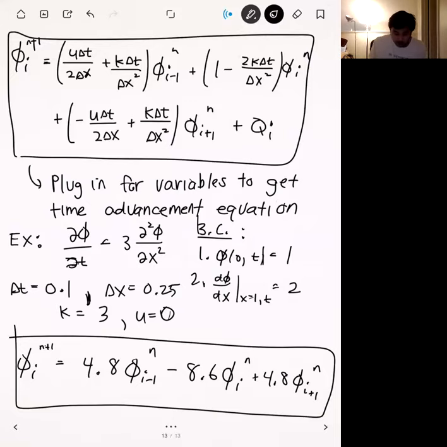At this point, let's remind ourselves what the n and the n plus 1 represent. The n represents the solution at the current time step, which is known.